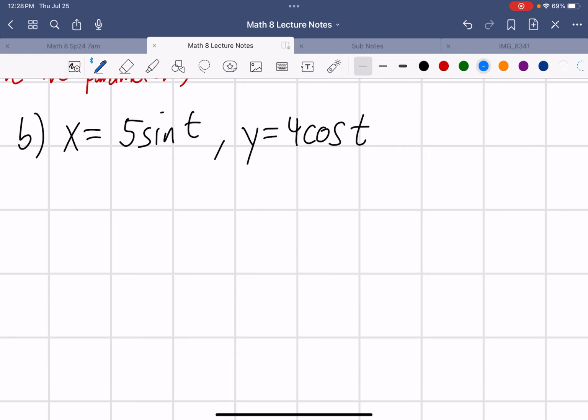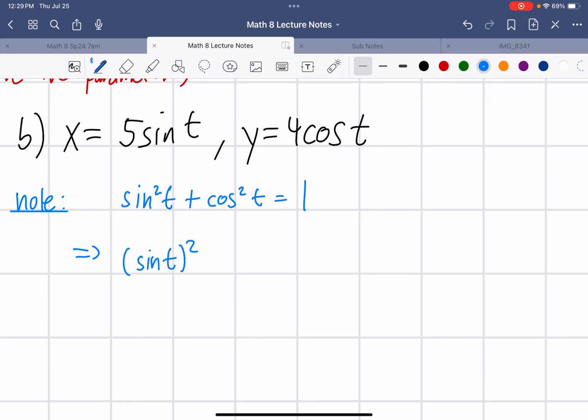But if we make a quick note or recall, I know that there is an equation that involves sine squared t plus cosine squared t equaling 1. And I always said we can actually rewrite that power outside versus inside, except when there is a negative.